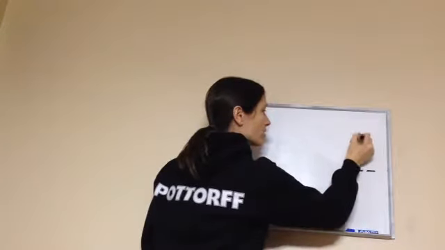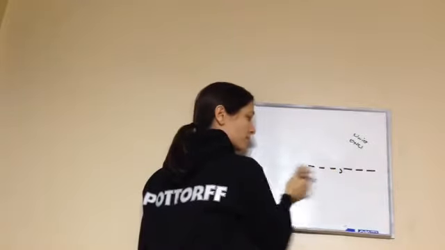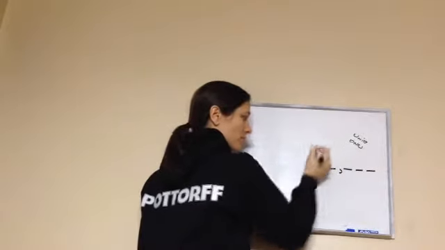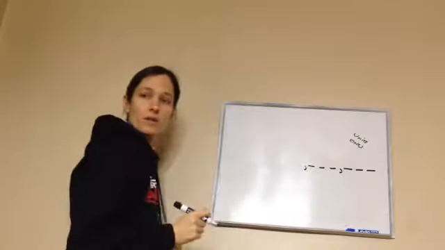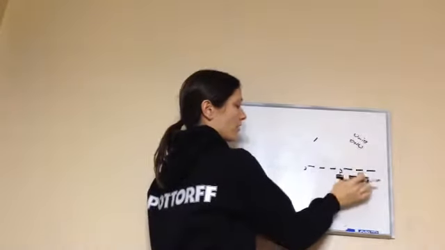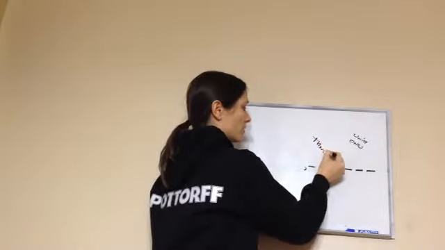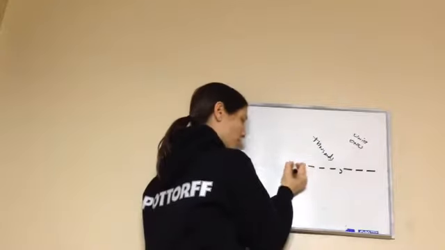Ones or units. Comma. What's this one? 1, 2, 3. That one is the thousands. Every second one is the thousands. Very good.